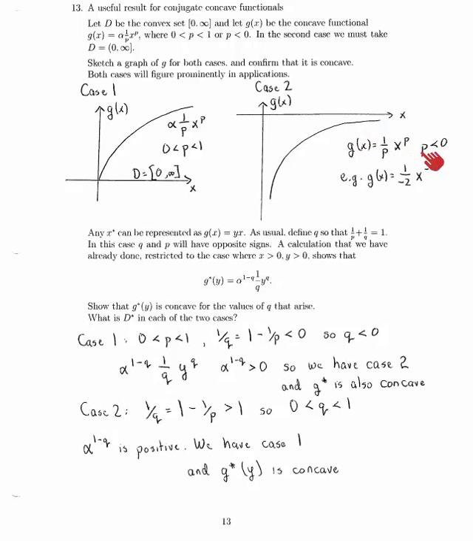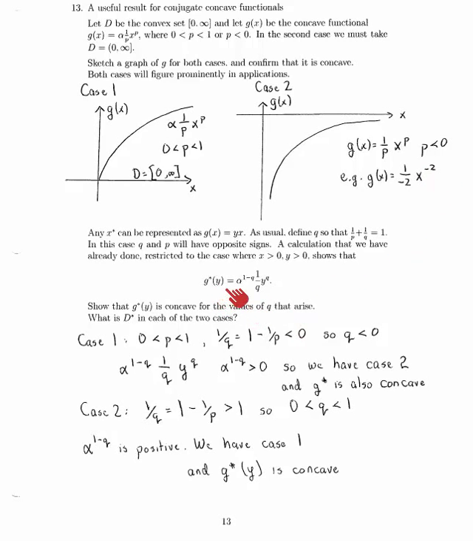I can do this one by taking 1 over p times x to the p, where p is less than 0. And before you say, hey, shouldn't you put a minus sign on it? No, p is a negative number, and 1 over p is a negative number. So an example of a function of this sort would be 1 over negative 2 times x to the minus 2.